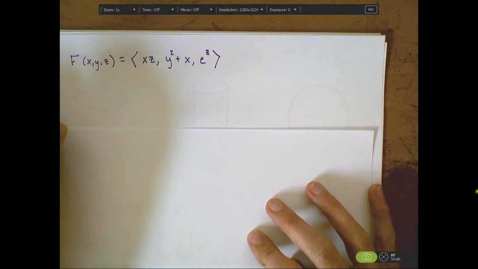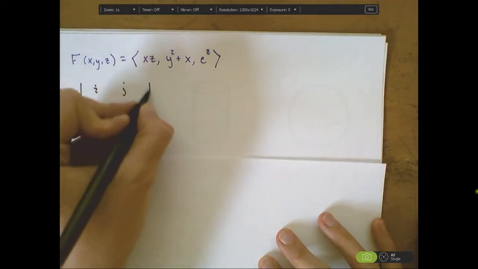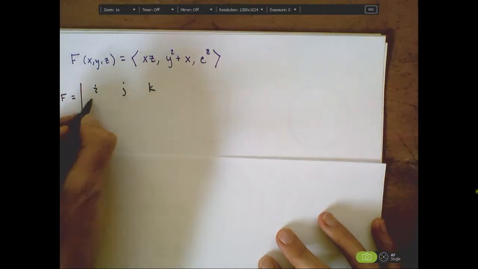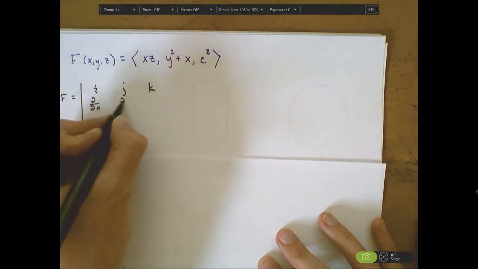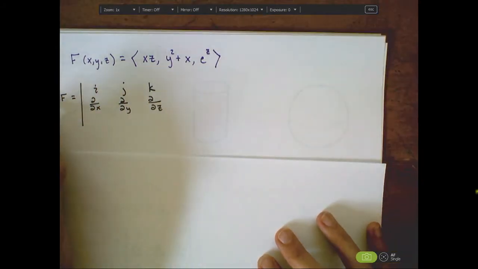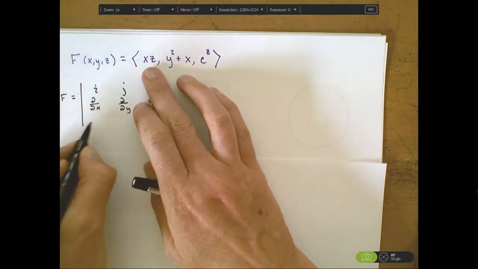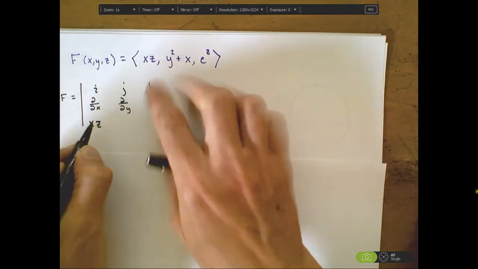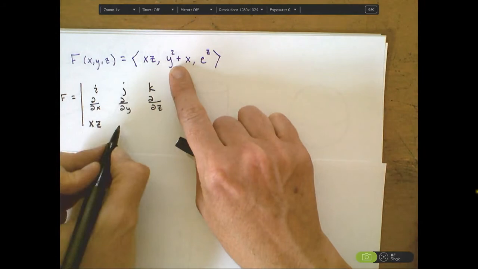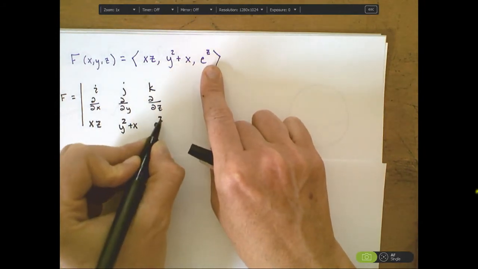Recall that it's going to be my gradient operator crossed with f, the determinant of this i, j, k matrix, and in this case, d dx, d dy, d dz. That's my gradient components, and my function components: f1 is xz, because that's in the first component, f2 is y squared plus x, and f3 is e to the z.